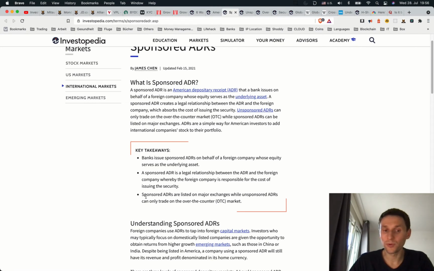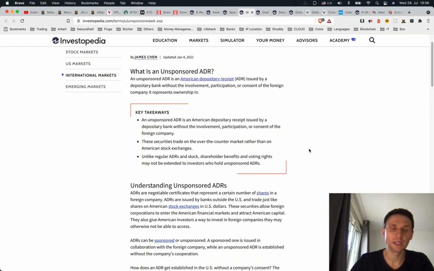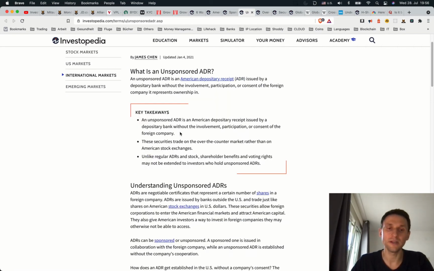Those are important takeaways, especially the last one, because we also have unsponsored ADRs, and unsponsored ADRs are a bit different. For example, this one is very important: they are ADRs issued by a depository bank without the involvement or participation of the foreign company. So in sponsored ADRs, we saw that the foreign company needs to participate with a bank in order to create those ADRs, but in unsponsored ADRs it's different.